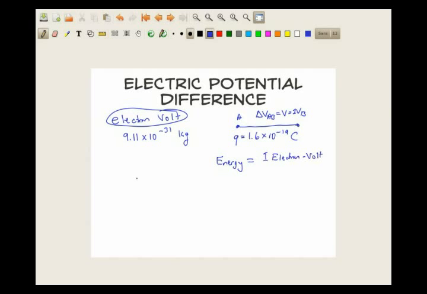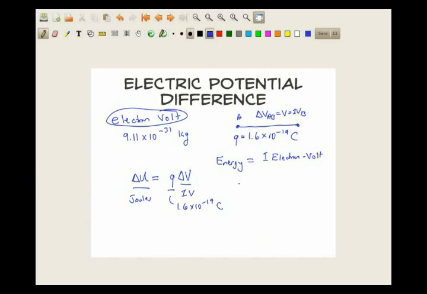Here's how you can see it. The energy gained is going to be equal to delta U, and that is going to be equal to Q times delta V. So there's our electric potential difference. It's 1 volt. There's our charge. That's 1.6 times 10 to the minus 19 coulombs. And this is the change in energy. This has units of joules.